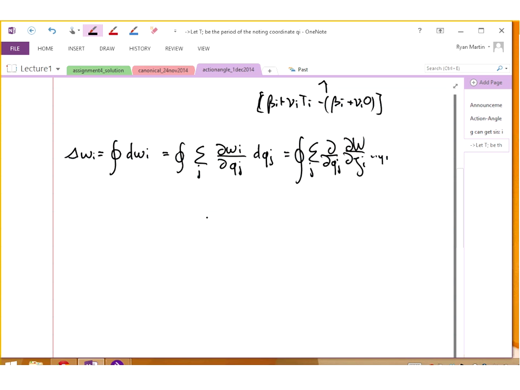Now I'm free from the properties of derivatives and integrals to bring the di by di Ji outside of the integral. So I have di by di Ji integral of the sum over j of di W by dQj dQj.